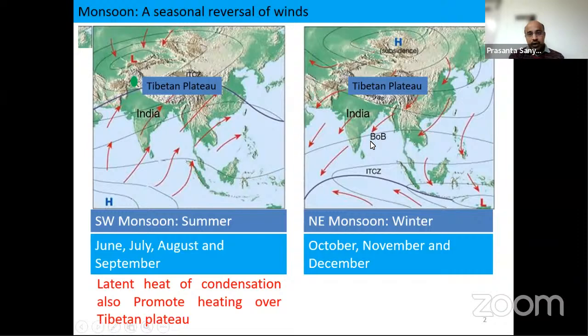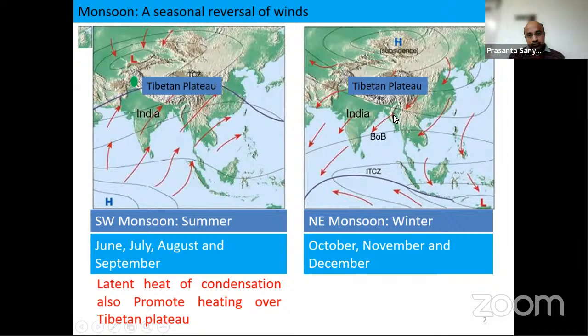During winter, the winds actually blow from the continent to the ocean, and as the wind comes from the continent, it is mostly dry, and that's the reason you don't get much rain or precipitation in the Indian subcontinent.